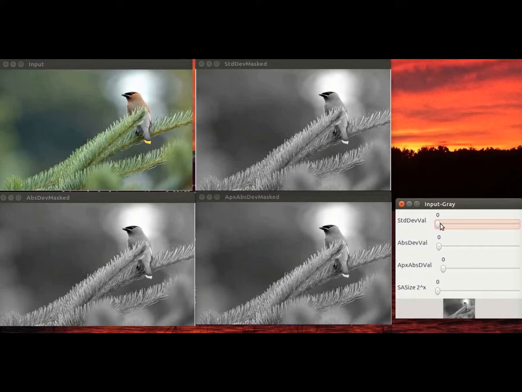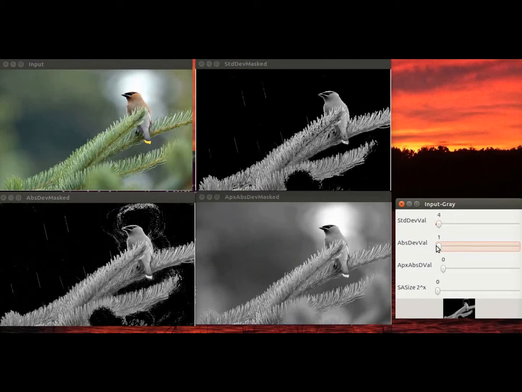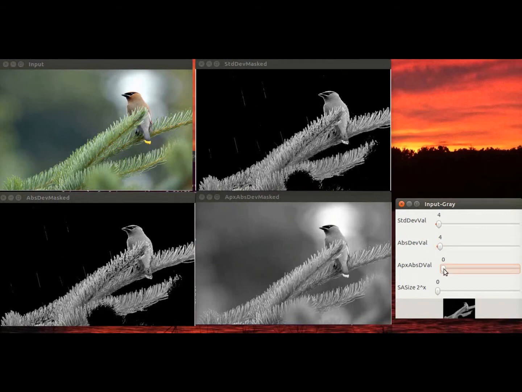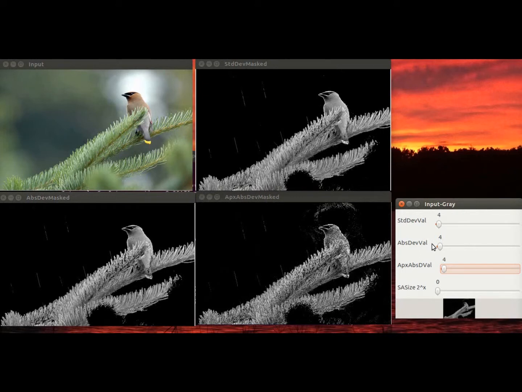So as we vary the threshold, down this side we have the standard deviation, absolute deviation, and approximate, and you see that immediately our brighter area disappears in each one, and you get much the same sort of processing with each one.